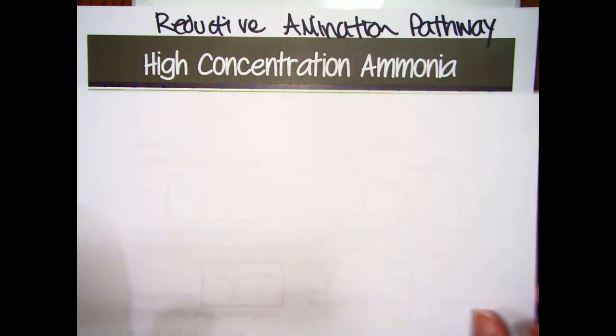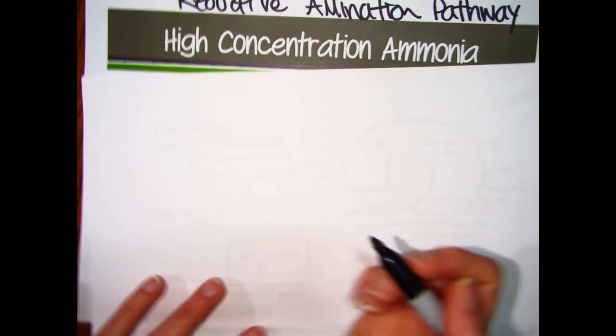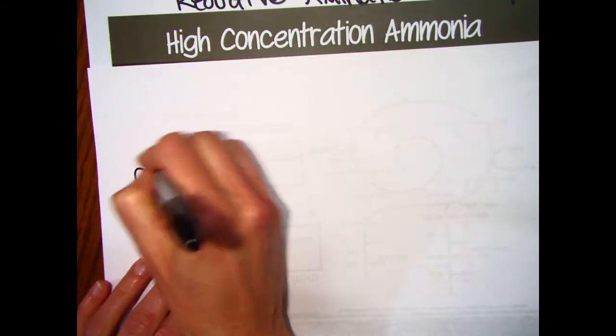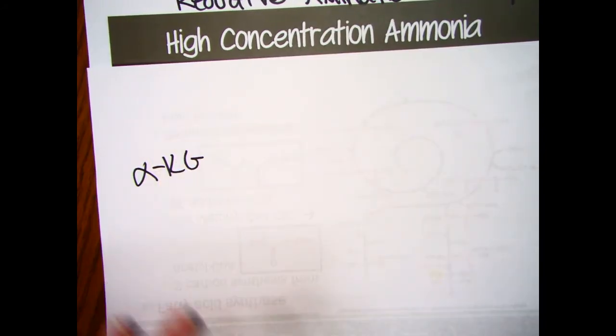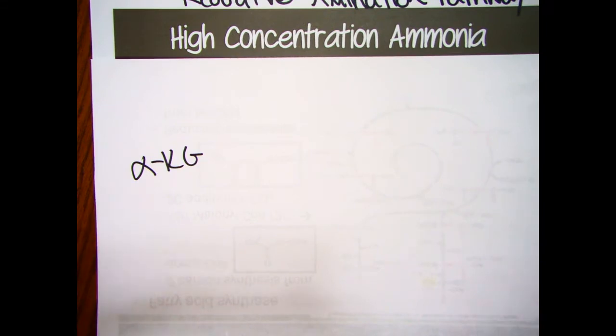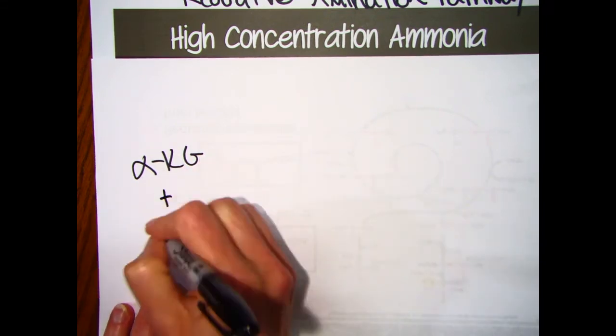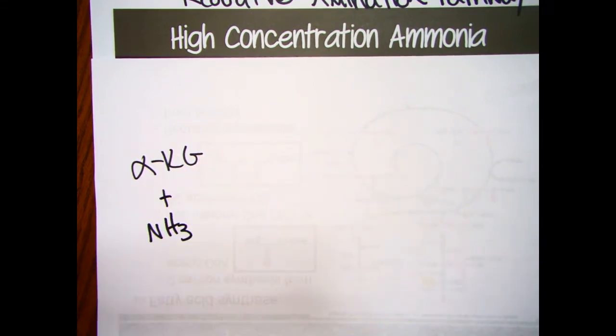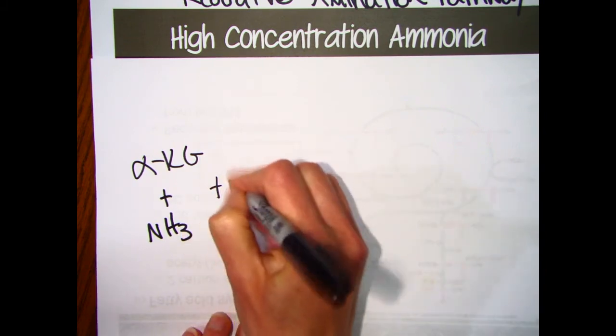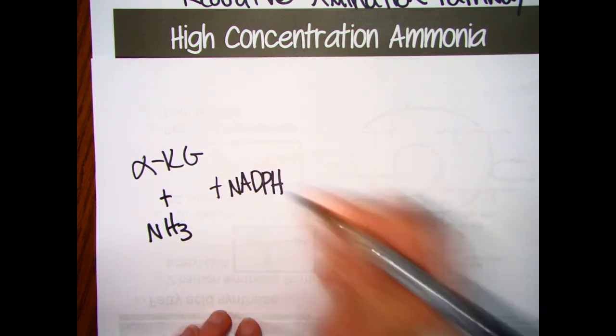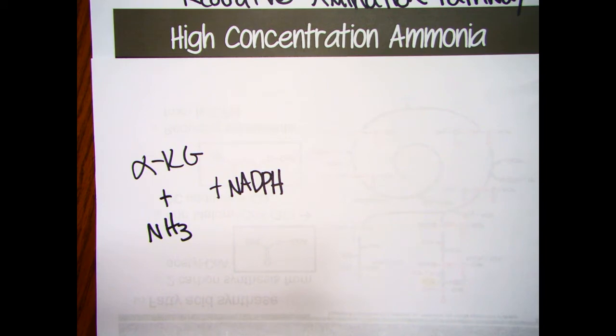So the high concentration ammonia pathway, we are going to have our alpha ketoglutarate, which is our carbon skeleton basis for glutamate, and then we are going to add ammonia. We are also going to add NADPH because we are going to be making a new bond and we need some electrons for that.